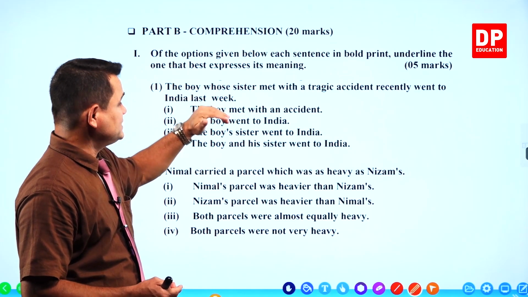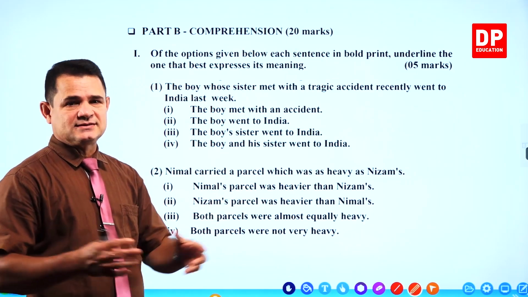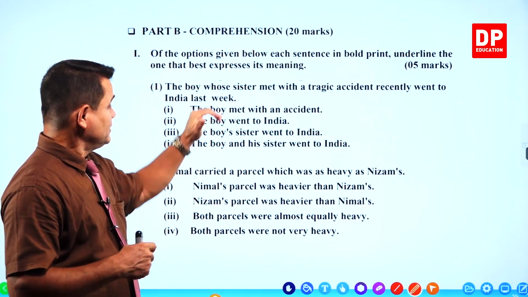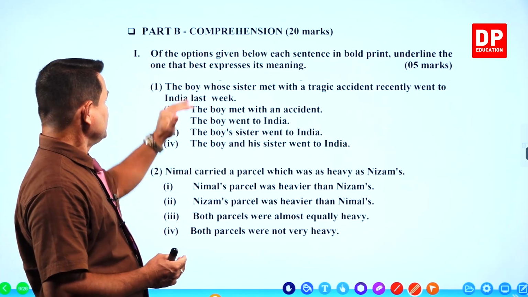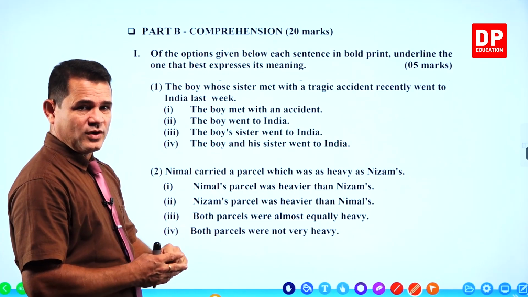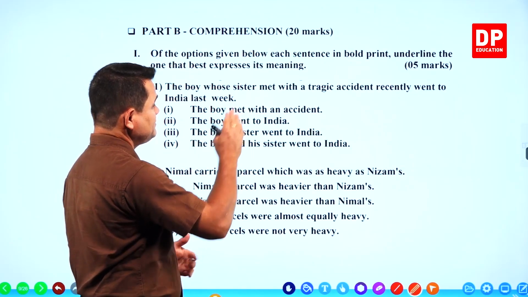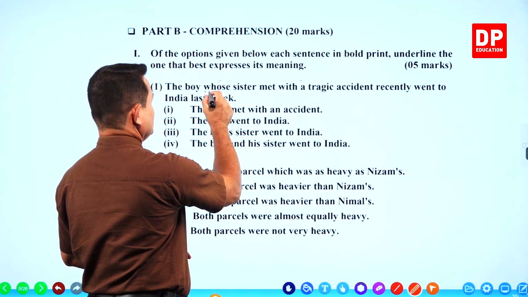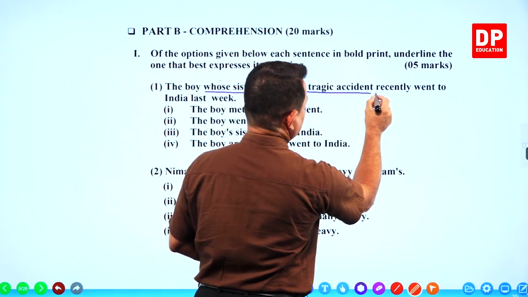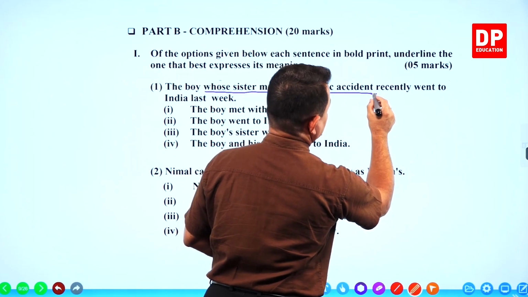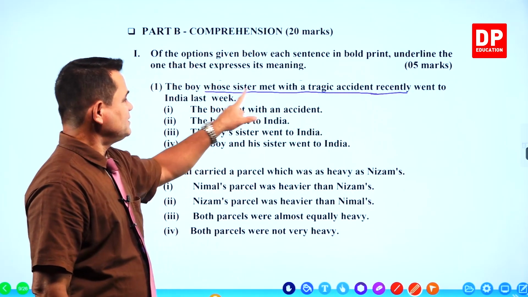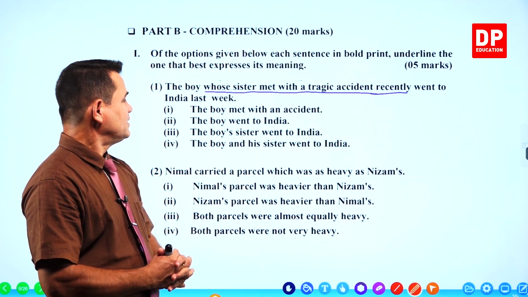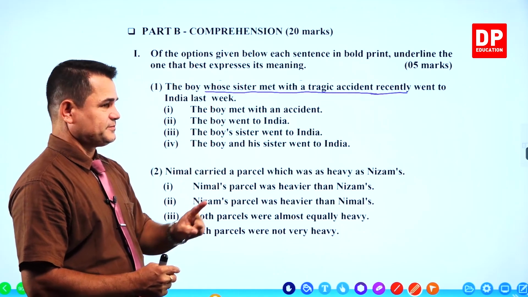The boy whose sister. Now you see in a complex sentence here there are 2 sentences joined with a relative pronoun. The boy, මොන boyද? Whose sister met with a tragic accident recently. කියන්නේ මෑතකදී accident එකක් වුණා. ඒ කියන්නේ boyගේ sister.